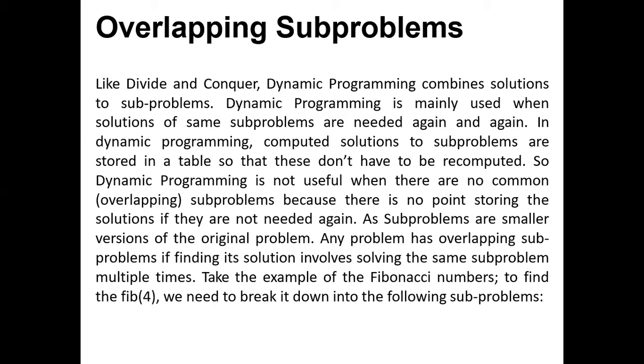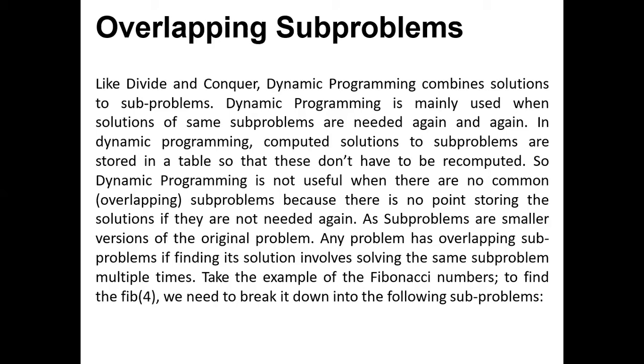So it is not used when there are no common subproblems. When there are common subproblems, they are known as overlapping subproblems. Whenever different subproblems are repeated again and again in a problem, they are called overlapping subproblems. For example, in the Fibonacci example, Fibonacci 3 was repeated 2 times and Fibonacci 2 was repeated 3 times.